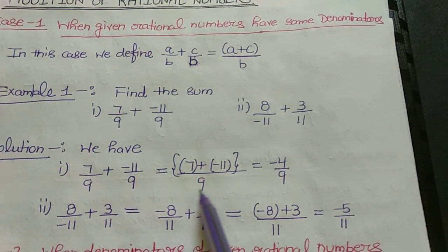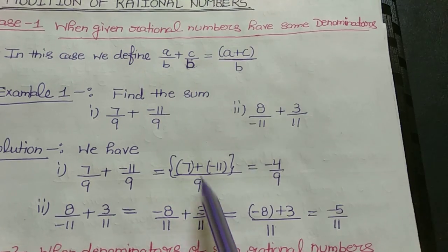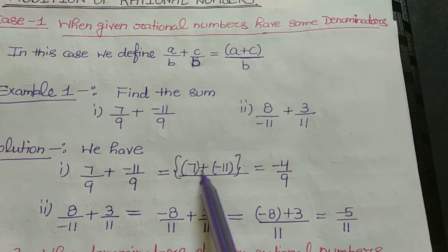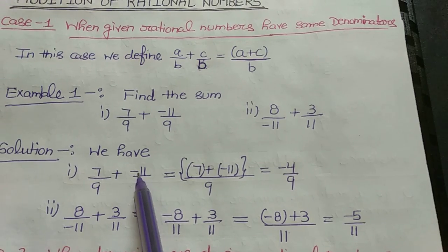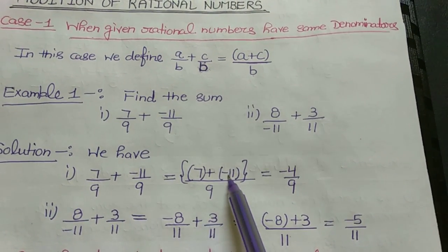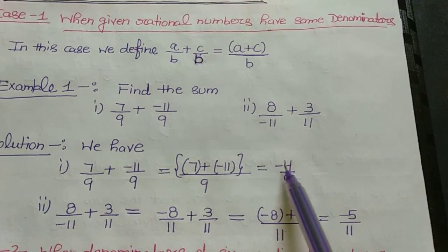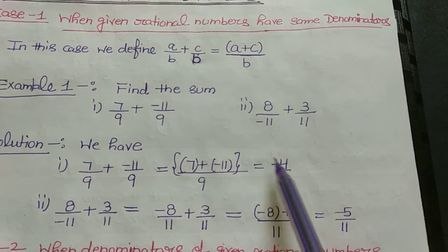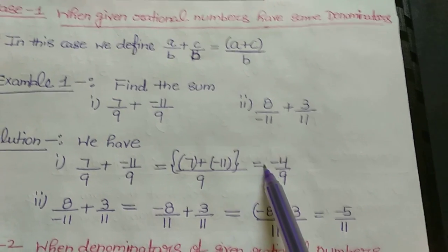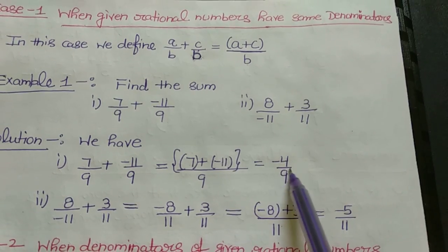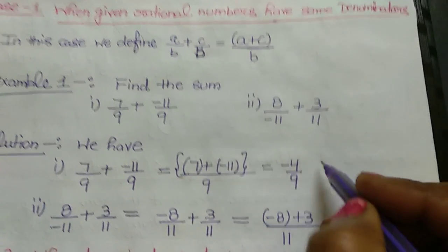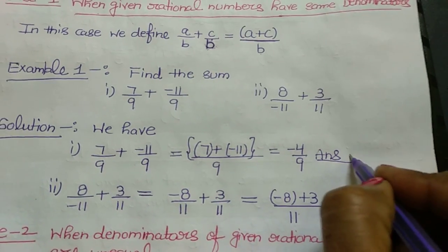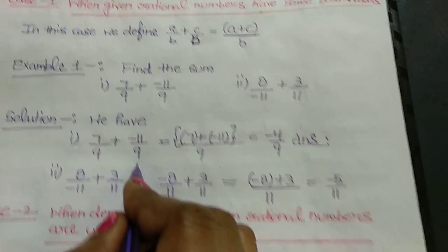So we will write the common denominator 9 here and add the values of their numerator, 7 plus minus 11. 7 plus minus 11 is equal to minus 4, because you know how to add integers. So the answer is minus 4 upon 9.